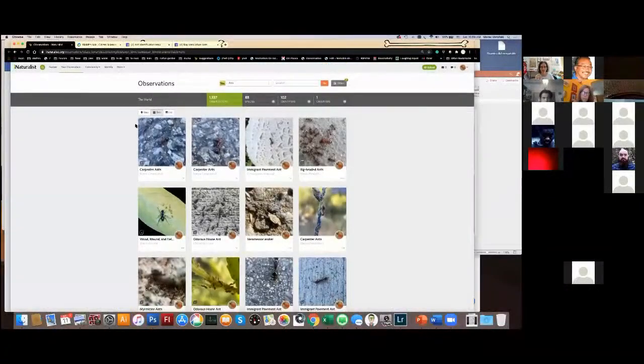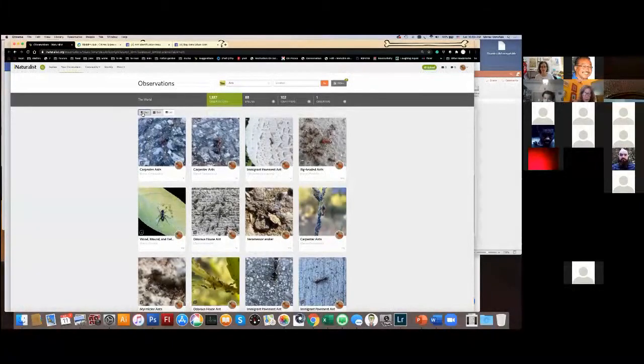So what I would do is I would go to iNaturalist, which is my favorite place to go, even though it's not the best for ants because not too many people use iNaturalist. So iNaturalist is basically a place where you could share nature observations with other people. And it's a huge database, so you could also use it to get the data.